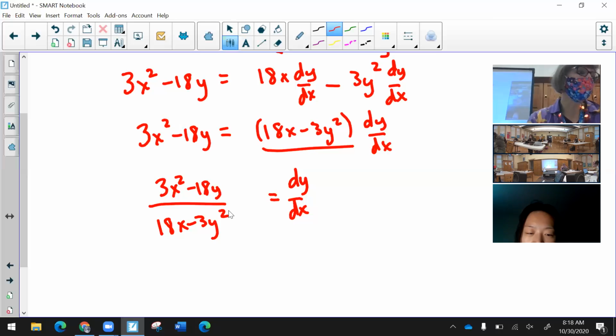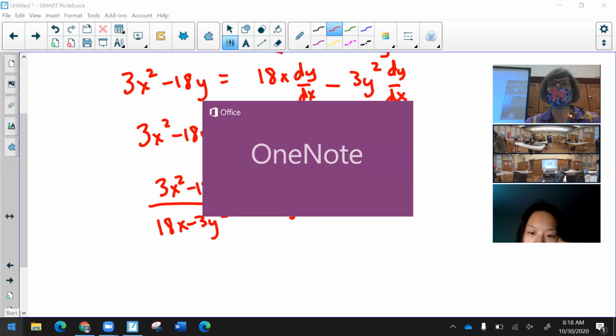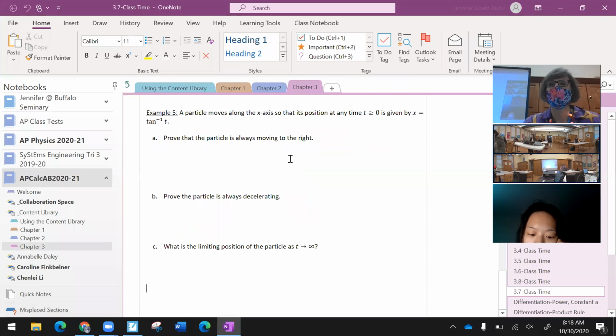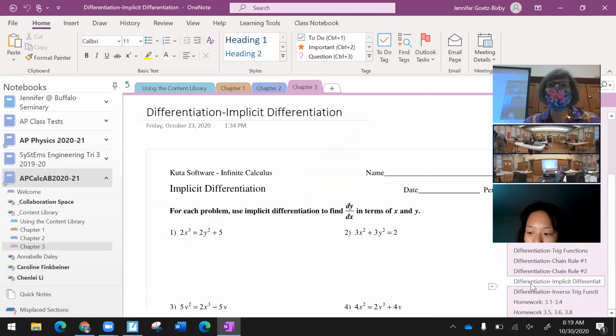Okay? All right, so once you try one on your own, there should be a worksheet in OneNote. That is not this. It should be implicit differentiation.